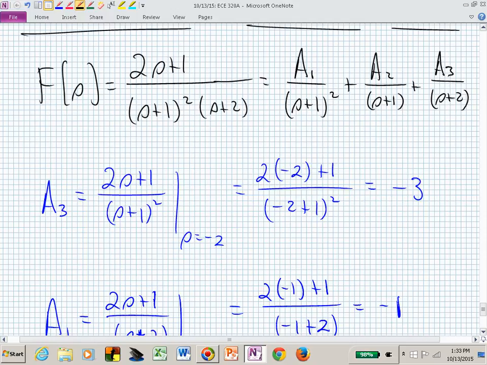What would be a convenient value for s? 0. Because then the s's all go, don't they? I can't choose s equal to minus 1 because then I get infinity equals infinity. I can't use s equal to minus 2. Those are pole locations. Those give me nothing useful.